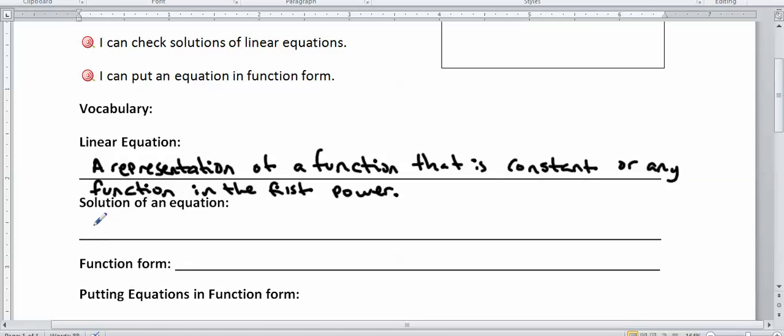Okay, and the solution to an equation is any coordinate x, y that satisfies the function.